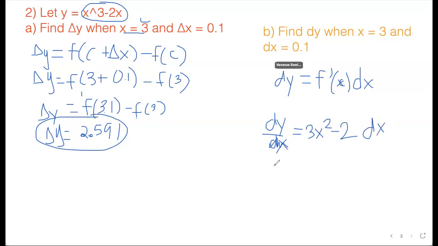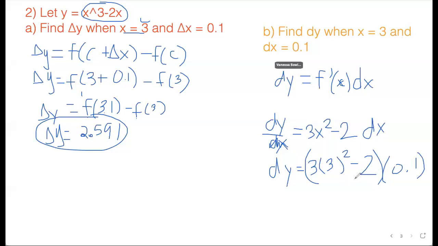Okay, so now all we're going to do is plug in the 3 for x. So it'll be 3 times 3 squared minus 2. Then you get that answer and multiply it by 0.1. Order of operations matters here, because the 2 might otherwise multiply by the 0.1 first.